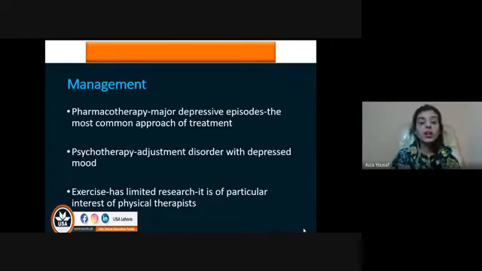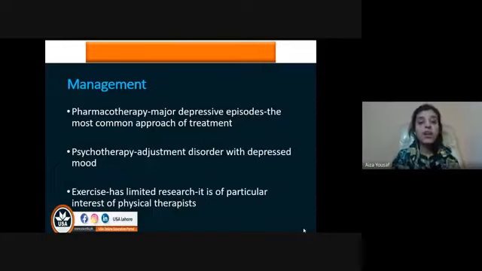According to the different diagnosis types, we have different management approaches which are more effective according to their role. Like pharmacotherapy, in which the patient is taking medicine; psychotherapy, which includes behavioral or mood therapies; and then the third one is exercise therapy.